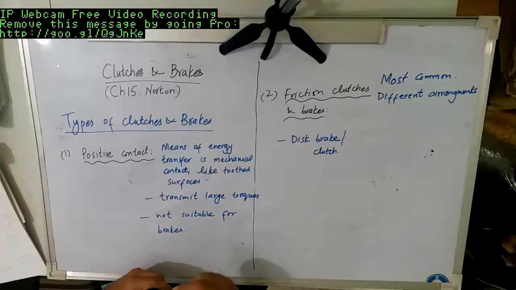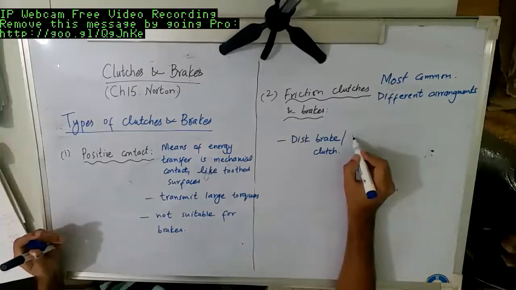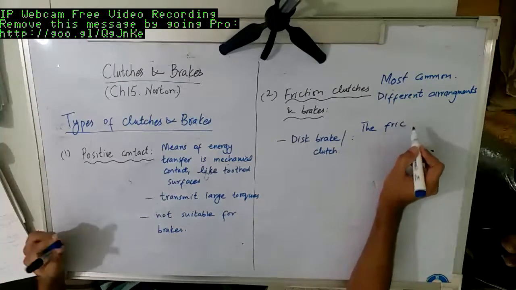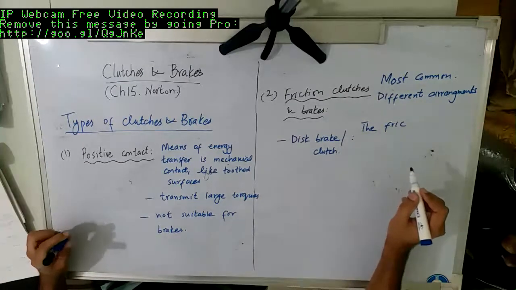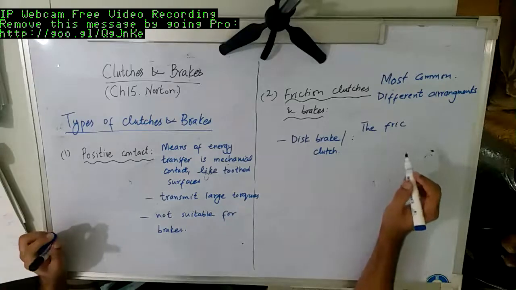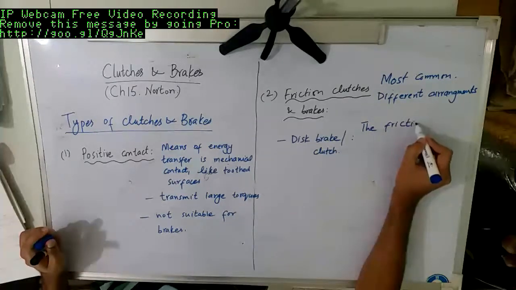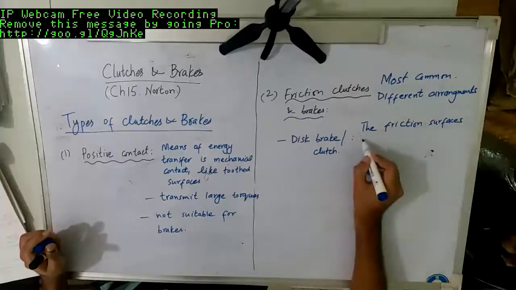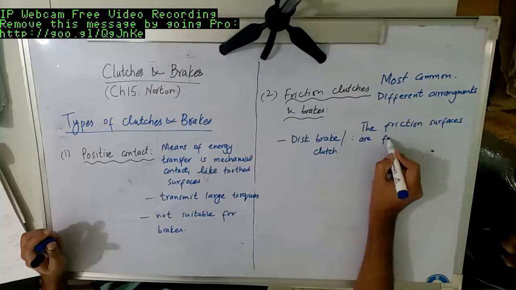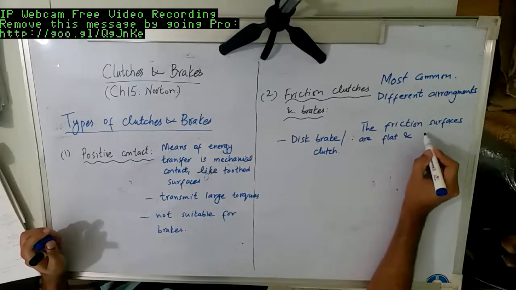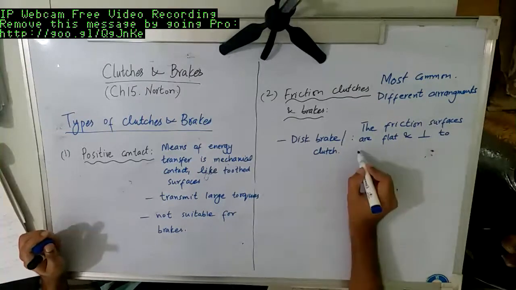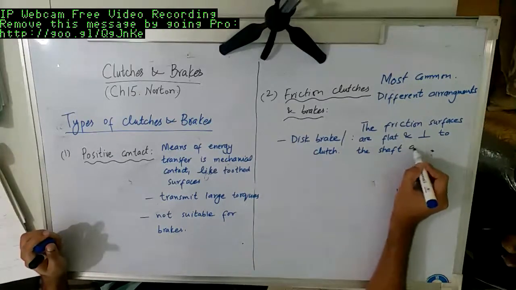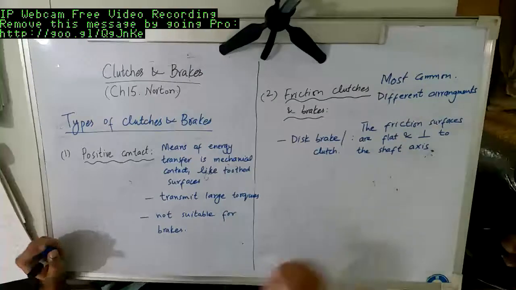Now in this case, the friction surfaces are flat and perpendicular to the shaft axis on which they are mounted.